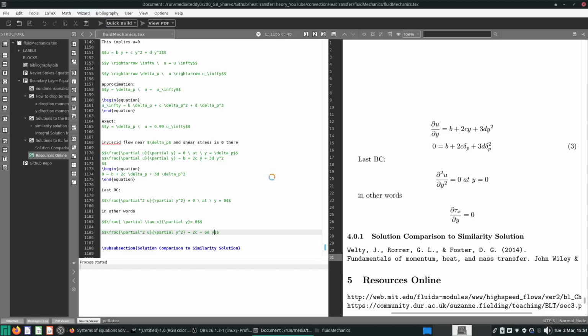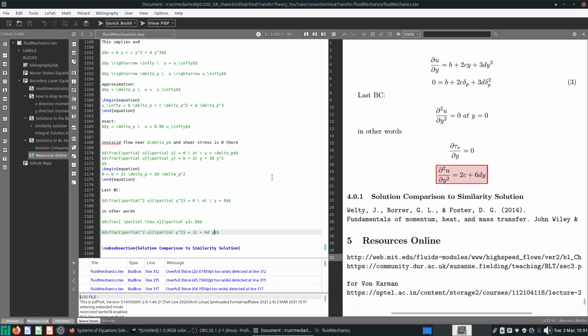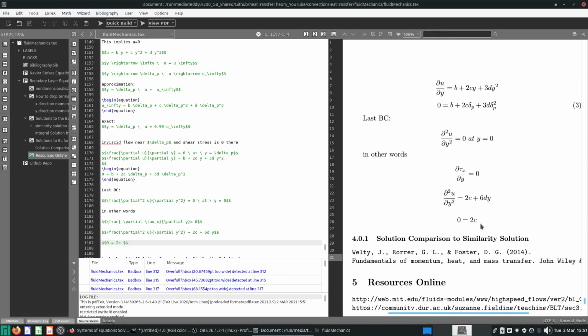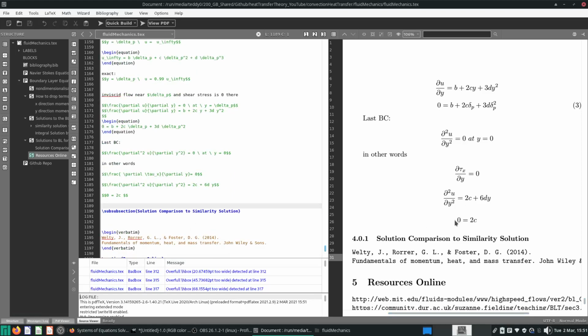So it's 2c plus 6dy, and all of this will be equal to 0 at y equals 0. So let's substitute y equals 0. Then this whole term here will disappear, and this second derivative will also disappear. And then what do we get? 2c equals 0, or c equals 0. Okay, so c equals 0.